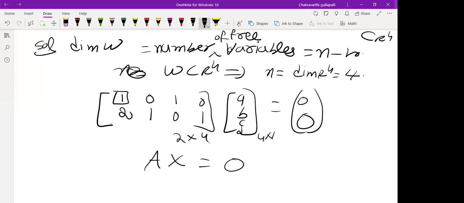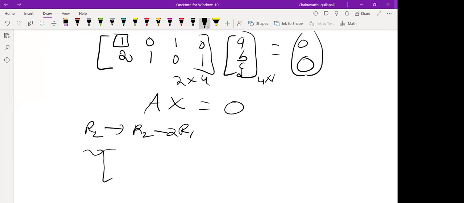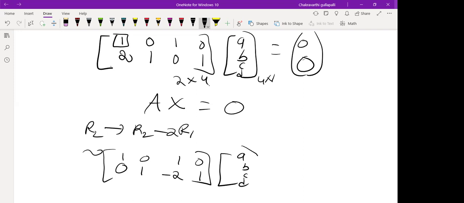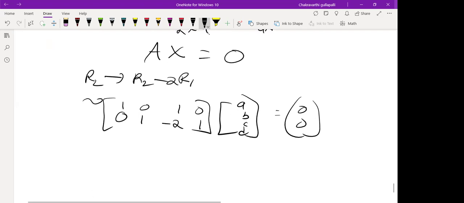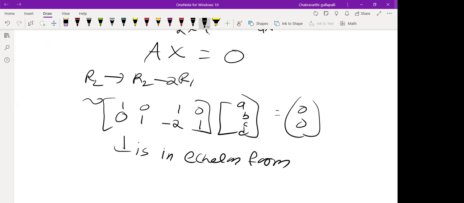We have to make the entries below it zero, so apply the operation R2 minus 2R1. So what is the rank? It is in echelon form, so the rank is 2. N is 4. So the dimension is n minus r.